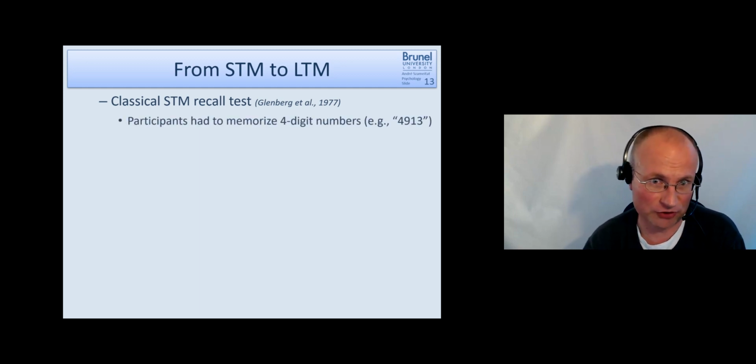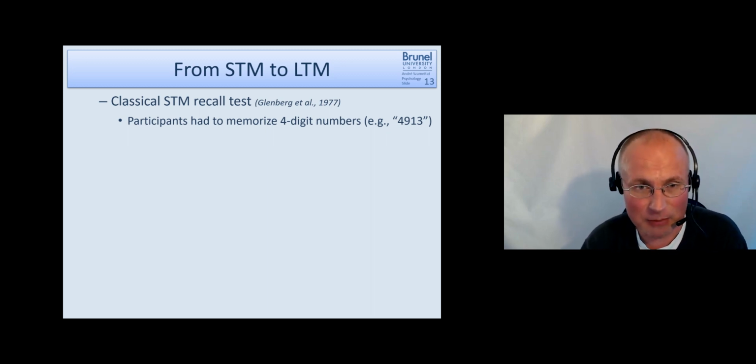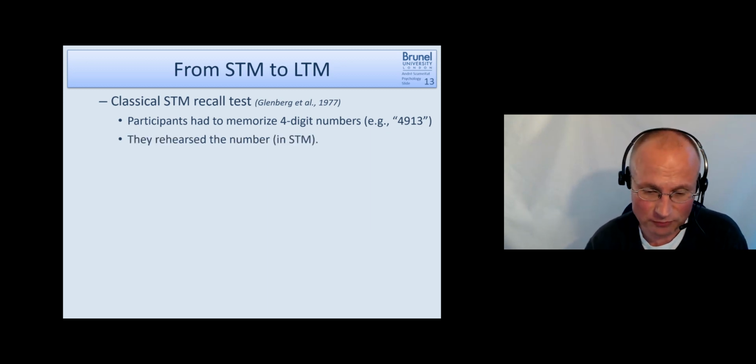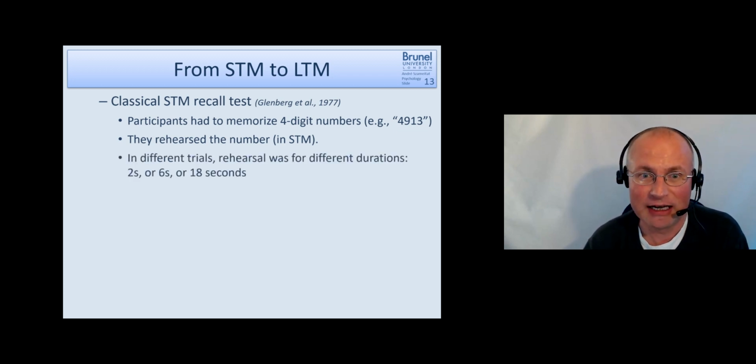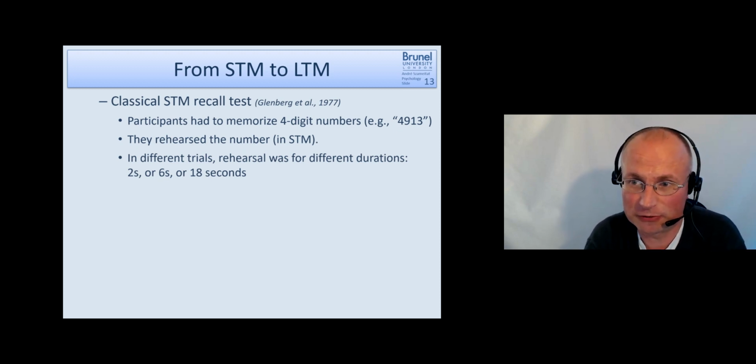So participants had to memorize numbers, usually 4 digits, for instance 4913, and briefly after that they had to recall them, and so they tested the short-term memory. And they rehearsed the numbers in their memory for this task, and what they varied across different trials was that the rehearsal was for different durations.